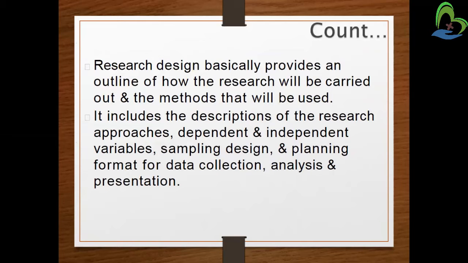It includes the description of the research approach, dependent and independent variables, which are the two types of variables depending on whether they can be manipulated or not, sampling designs, and the planning format of data collection, analysis and presentation, which we will see in detail in the further slides.